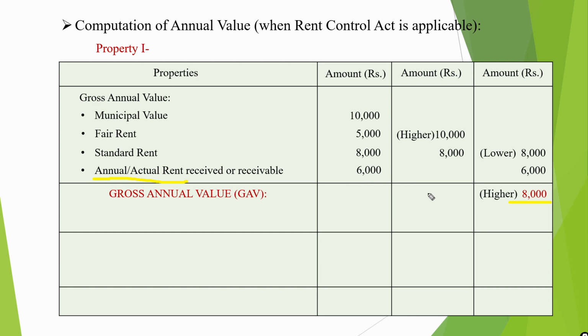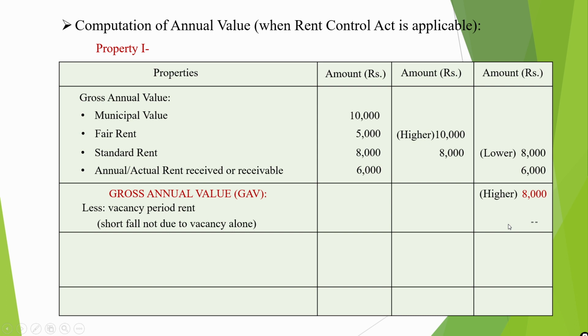But in this case GAV is rupees 8,000 and annual or actual rent of house property 1 is rupees 6,000. It means it is not equal to GAV. In this case, you cannot deduct the vacancy period rent.